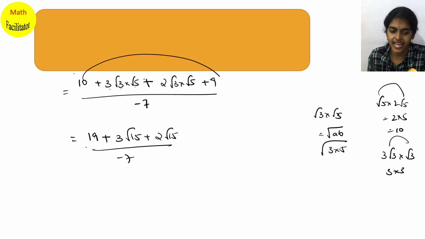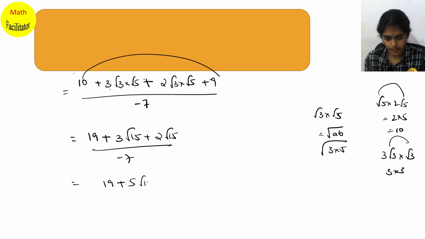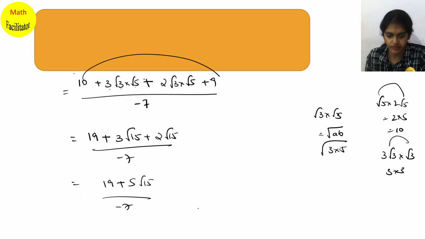This 9 and 10 I added. I got 19. So that is equal to 19 plus, what is 3 root 15 plus 2 root 15? Total 5 root 15. Okay. So 5 root 15 divided by minus 7. Now you should prove it of the form a minus b root 15. So this is like a minus b root 15. Okay, so let us separate the denominator.